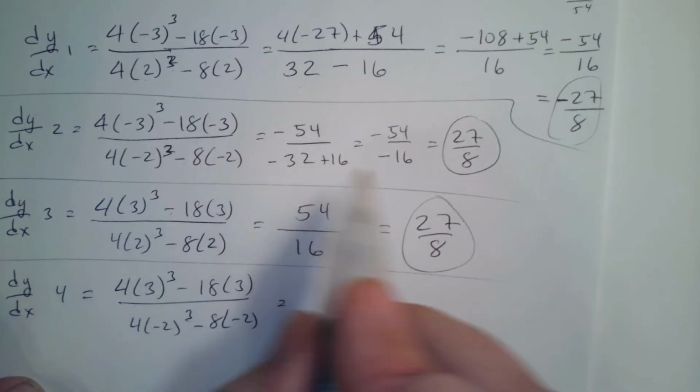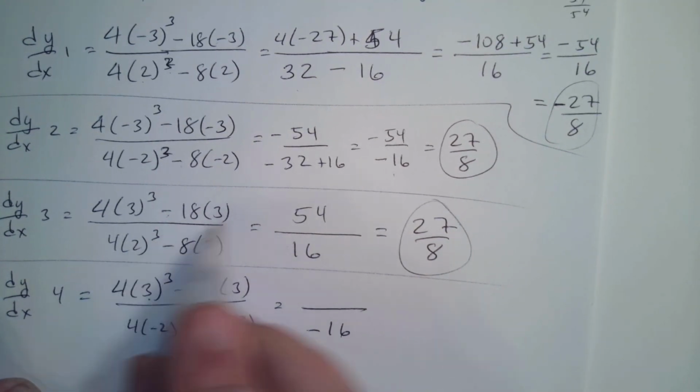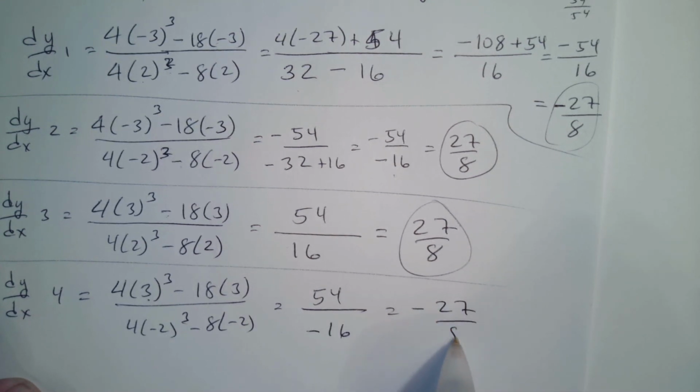At negative 2, the bottom is negative 16. At positive 3, the top is positive 54. So it's going to be negative 27 over 8.